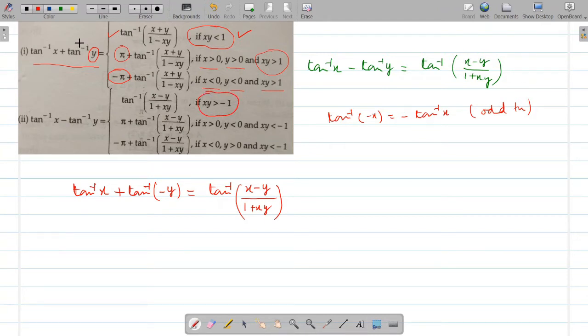So this formula, as you are using directly for the tan inverse of x plus tan inverse of y when x into y is less than 1, the same formula for the tan inverse of x minus tan inverse of y, you can use directly when x into y is greater than minus 1. And what happens when x into y is less than minus 1? So there are two possibilities. You can see the first possibility you can derive here. From here you can see the second.